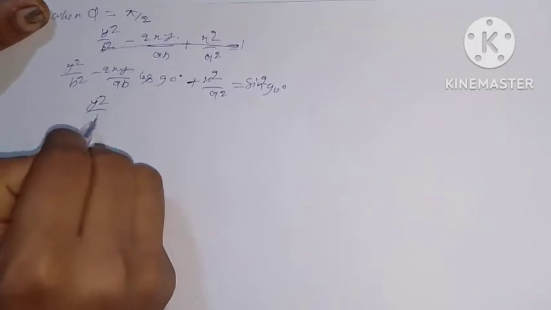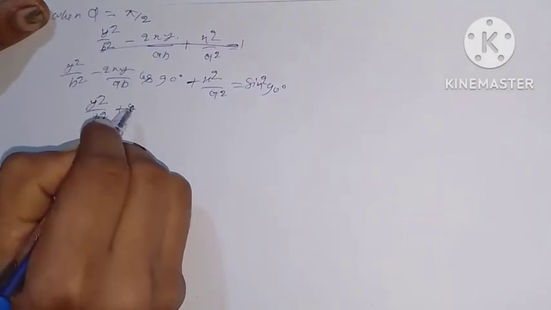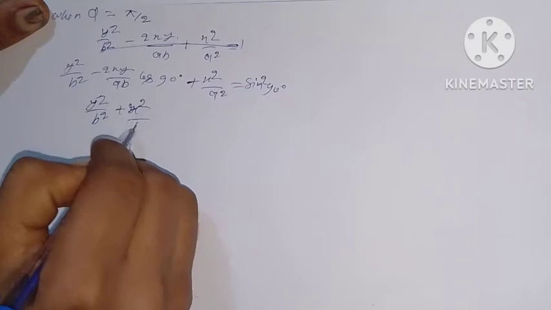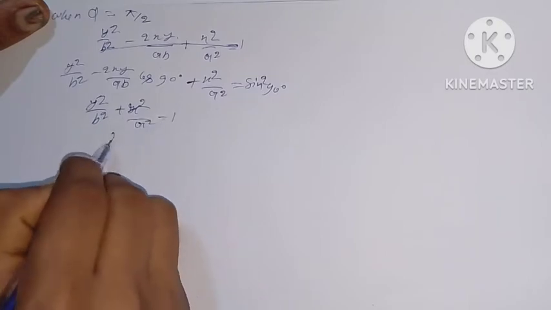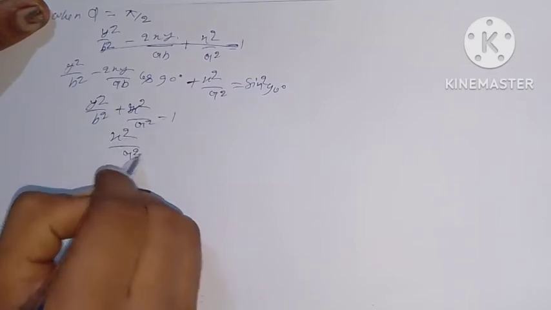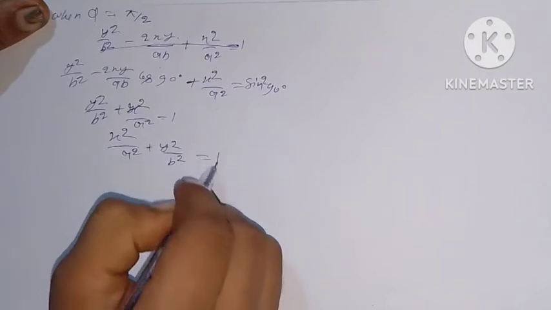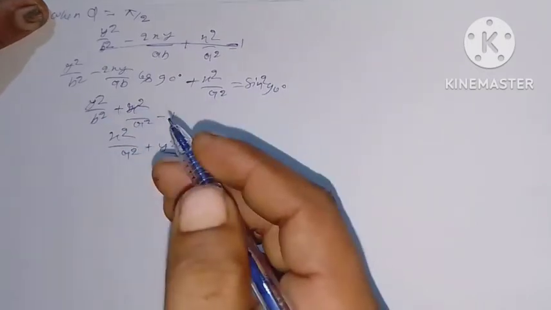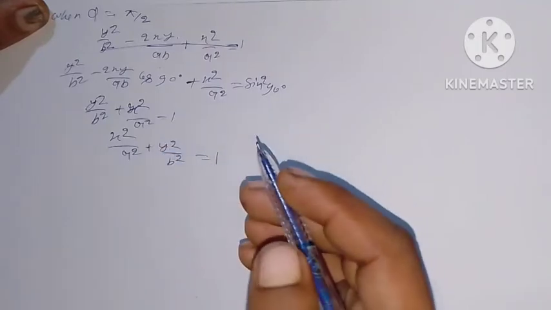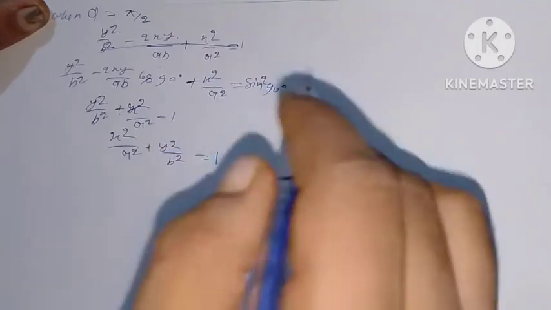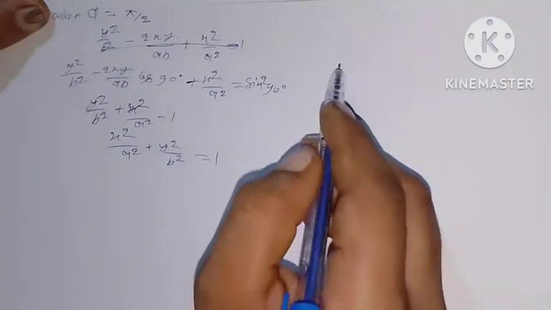That is, y square upon b square plus x square upon a square is 1. That is, x square upon a square plus y square upon b square equal to 1. This represents an ellipse whose major and minor axis coincides with the coordinate axis as shown in the figure.